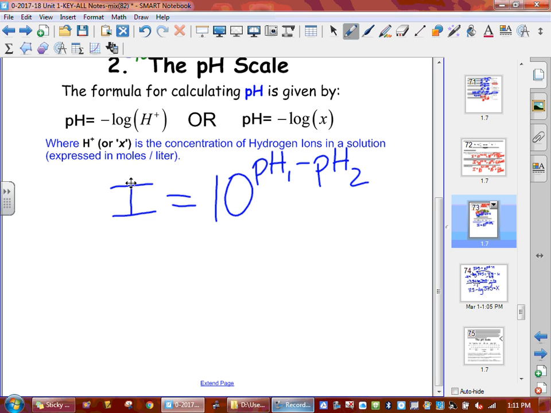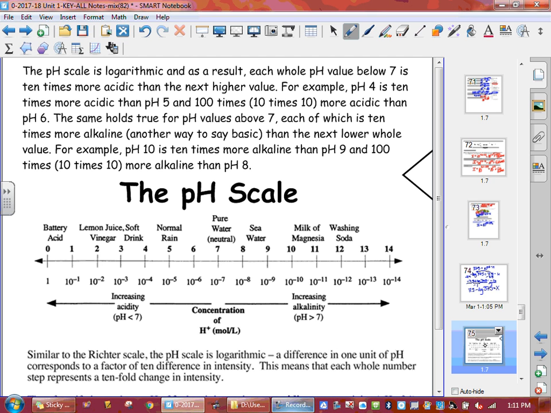We need to do a couple examples. So, again, you can read about the pH scale. Hopefully you've all taken biology at least once. So you know that you're anywhere from 0 to 14. The smaller the number, the more acidic. The higher the number, the more alkaline or basic it is. Okay? So, this is in general the pH scale.